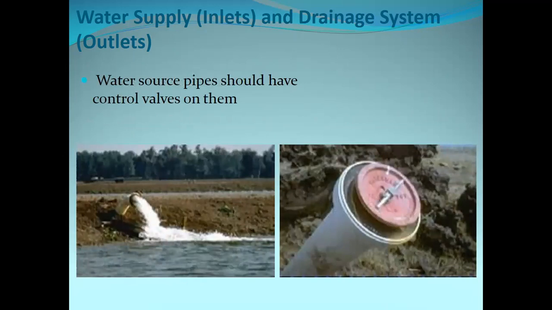So again, your inflows should have valves on them to regulate the water, right? If we look at the first photo to the left, that's water filling a pond, right? And if we look to the right, we would see a cap on it. Yeah.